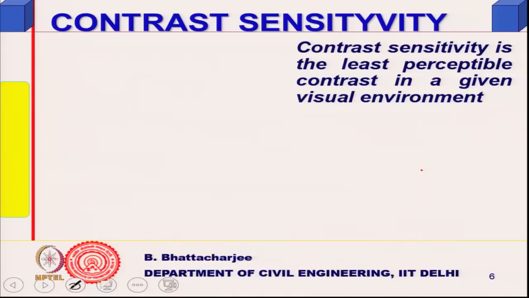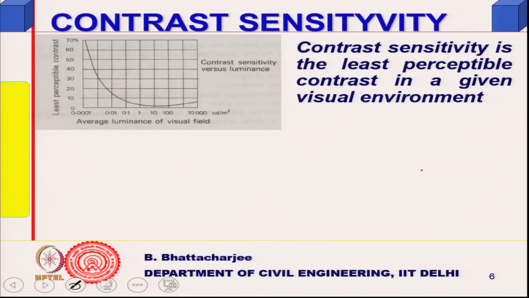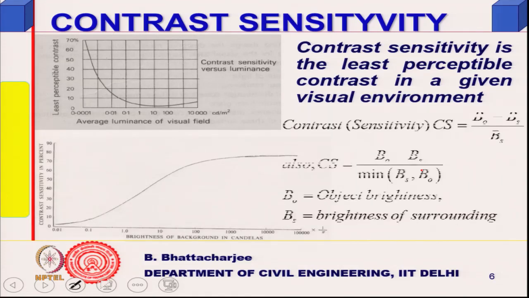So, contrast sensitivity is the least perceptible contrast in a given visual environment. What is seen, we define in some manner like this.